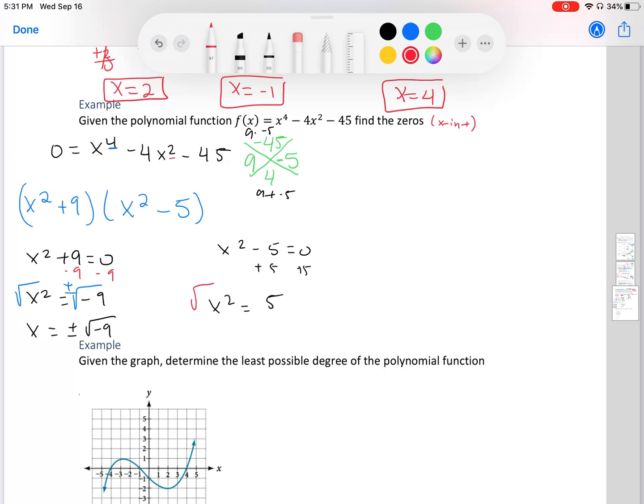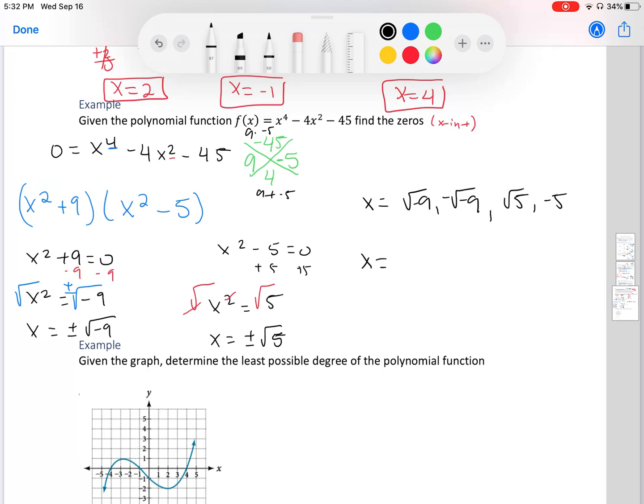We take the square root to undo that square, so that we're left with x is equal to plus or minus the square root of 5. Alright, so we have our answers for x. X is equal to square root of negative 9 and negative square root of negative 9, square root of 5, and negative square root of 5.